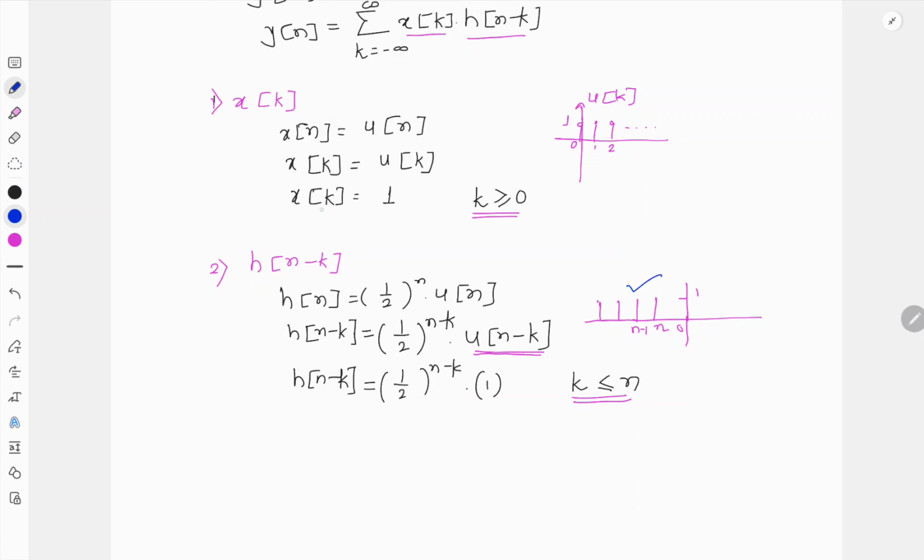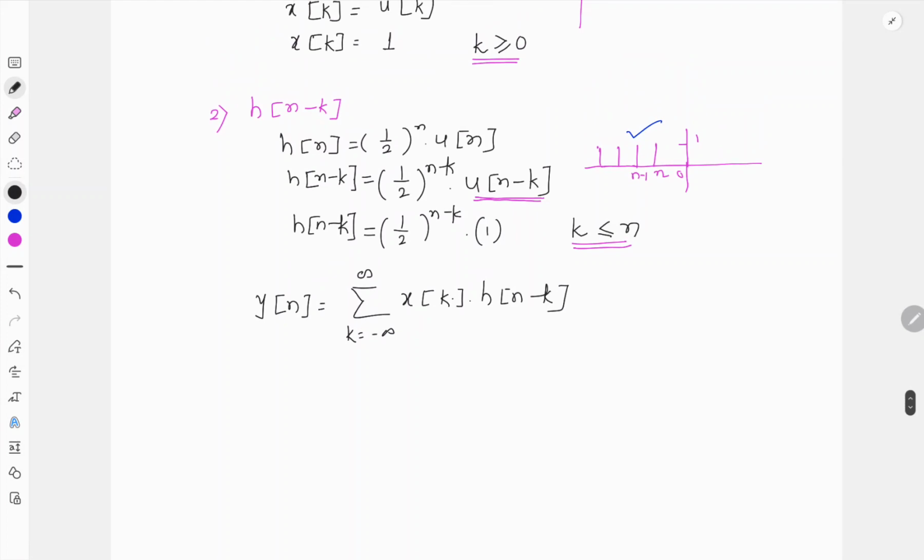Now we have obtained x of k as well as h of n minus k. Substitute these in the equation of y of n. So y of n becomes the original equation, summation k equal to minus infinity to plus infinity x of k into h of n minus k.